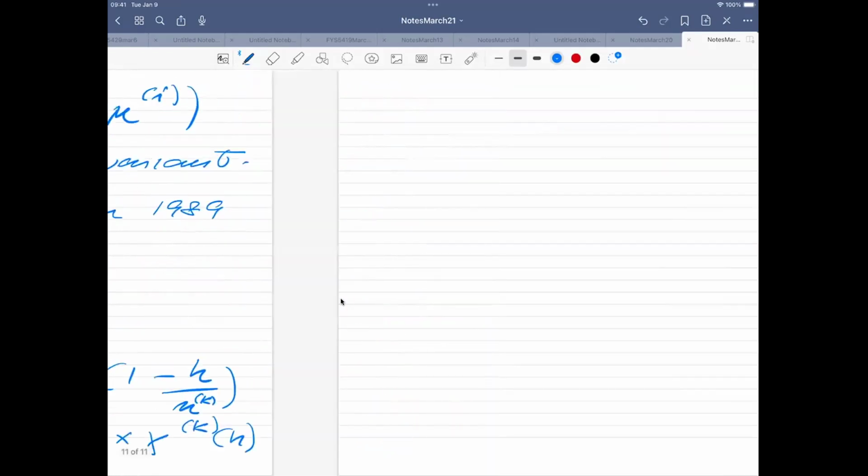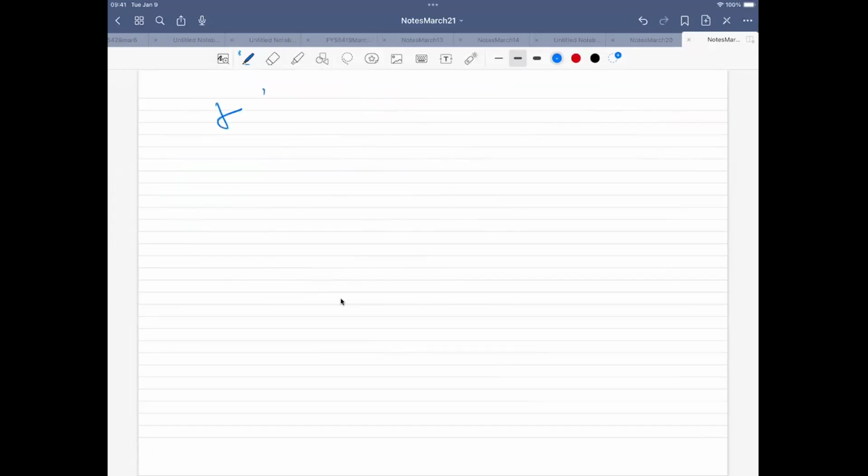So this function gamma of k of h is the same as the covariance, which we have defined earlier, of x of i of k and x of j plus h of k.